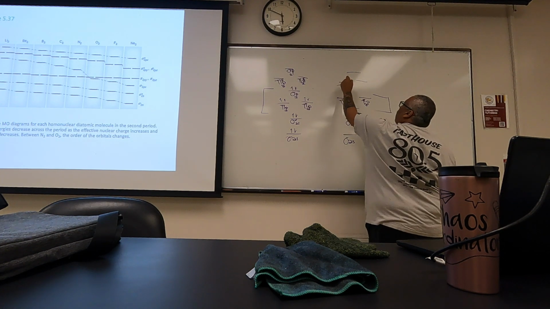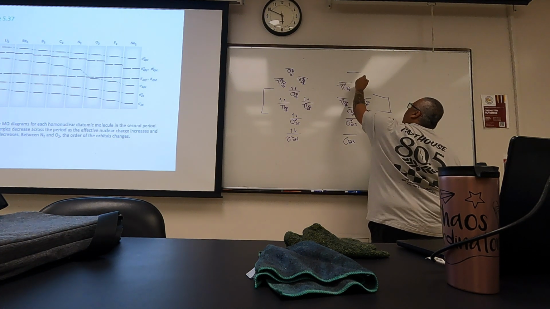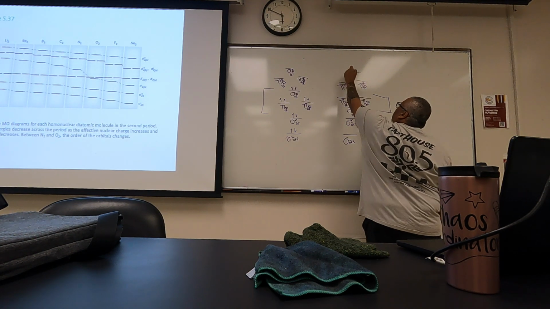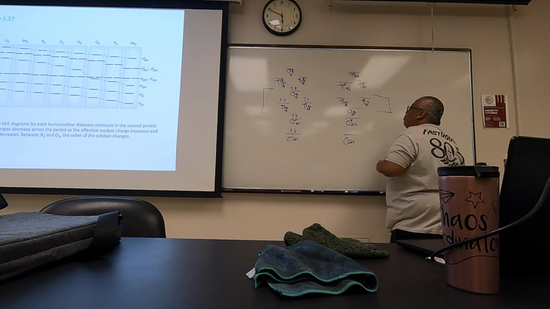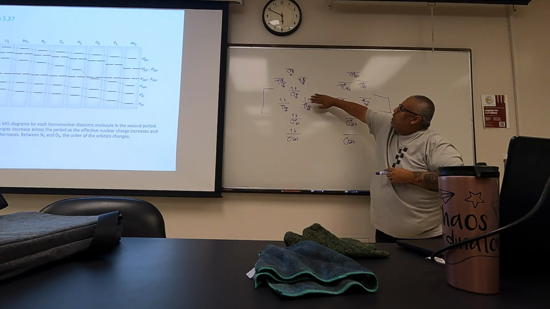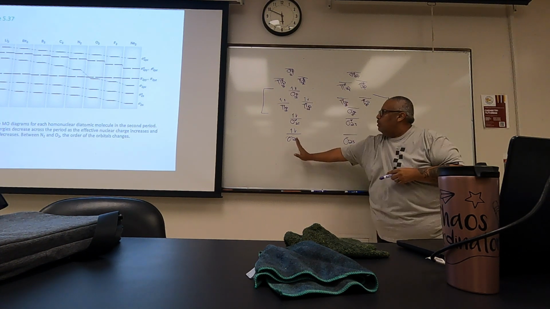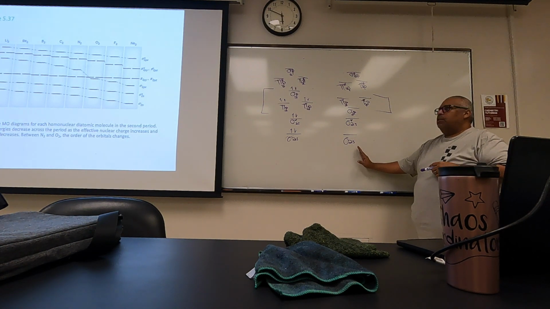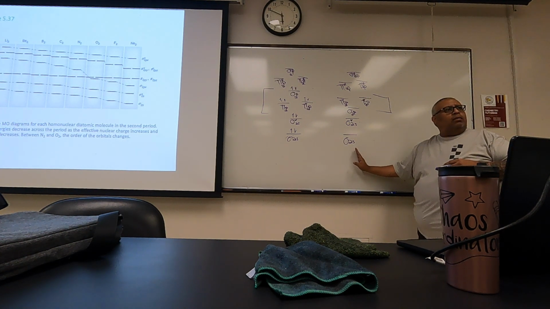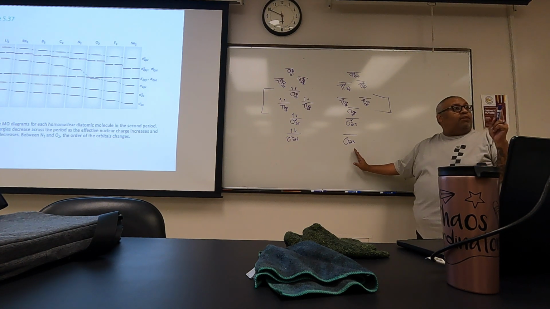And then these are going to be our anti-bonding 2p, anti-bonding 2p, and anti-bonding sigma 2p. But we see the change here, lithium to nitrogen, and then oxygen to neon. If you don't remember that, cross your fingers and hope you get the right one.